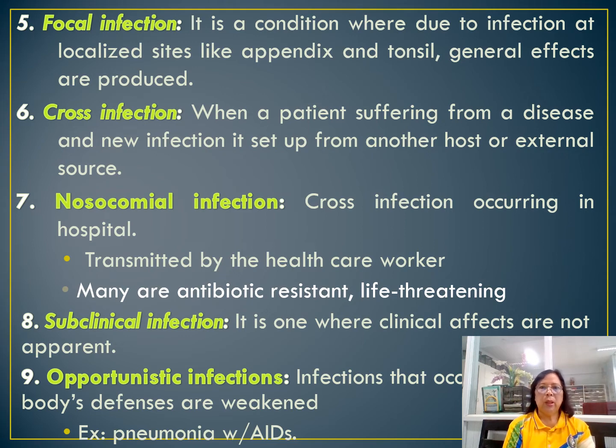Okay, so another kind of infection is cross infection. That is when a patient suffering from a disease gets a new infection that is set up from another cause or external infection.